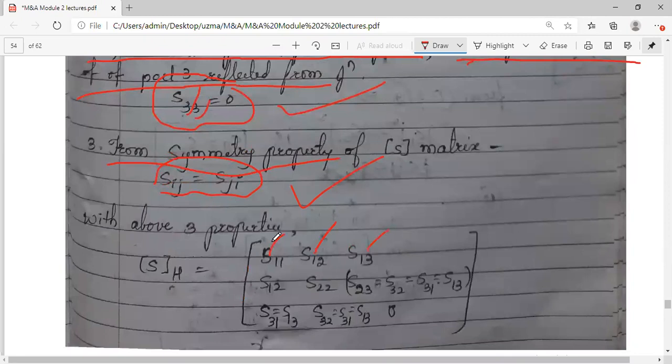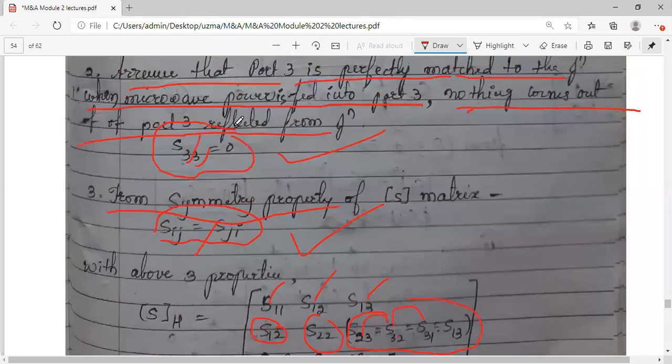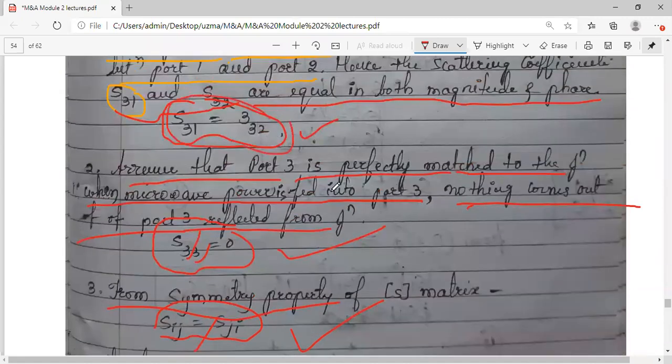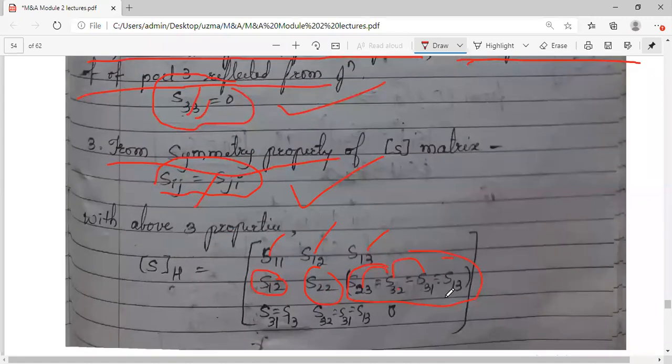S11, S12, S13, S21, but I have written 1, 2 because of the symmetry. S22, S23. S23 is equal to S32, symmetry. S32 is equal to S31, first property. S31 is equal to S13, symmetry, right? Exchange the poles.